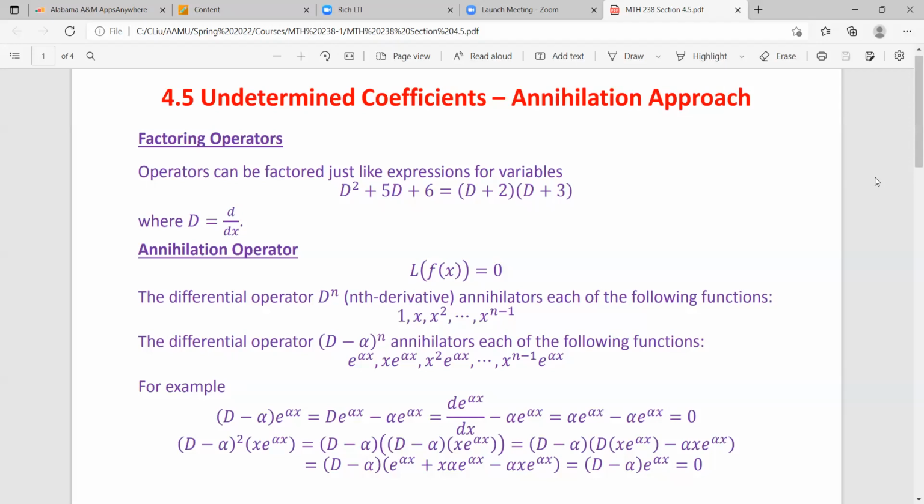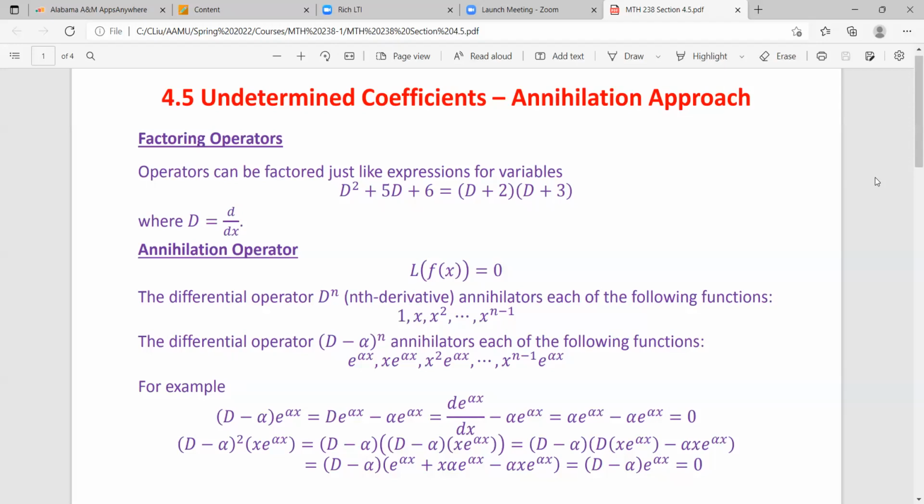For example, you can apply D minus alpha to e to the alpha x, and you're going to get 0. If you apply D minus alpha squared to x times e to the alpha x, you get 0. If you apply D minus alpha cubed to the function x squared e to the alpha x, you're going to get 0, and so on.